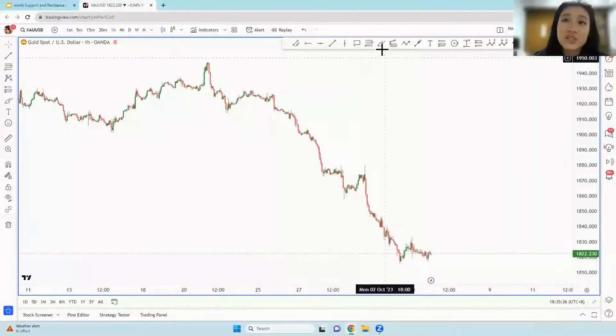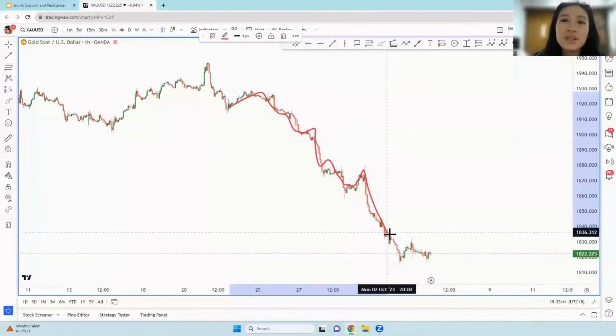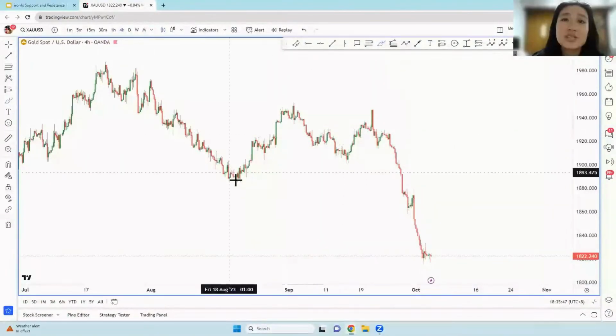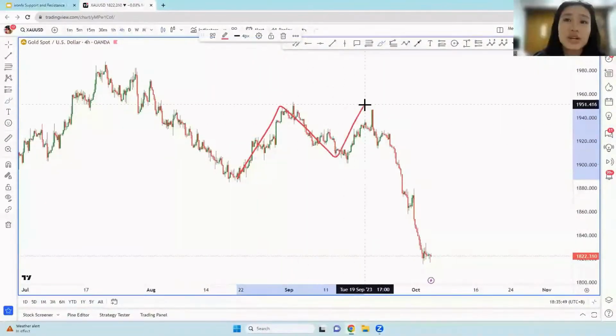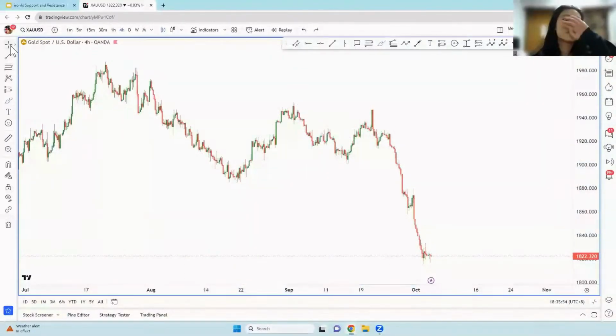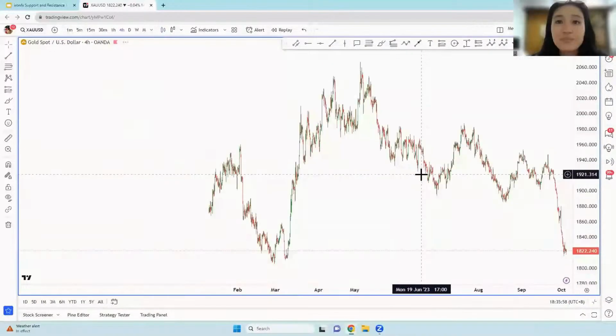And the reason for that is because price movement is pretty small. But if we look at our 4 hour time frame, you can see that we have much clearer price movements. So that's basically what we look for. Okay, so I'm gonna analyze this on our 4 hour time frame.